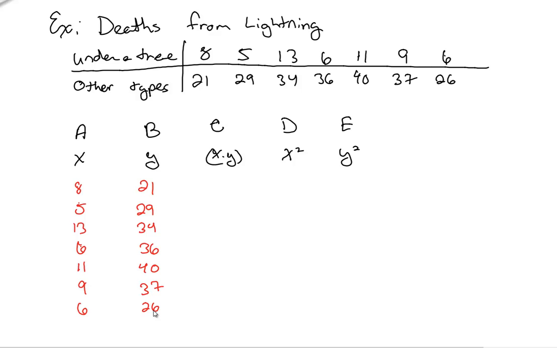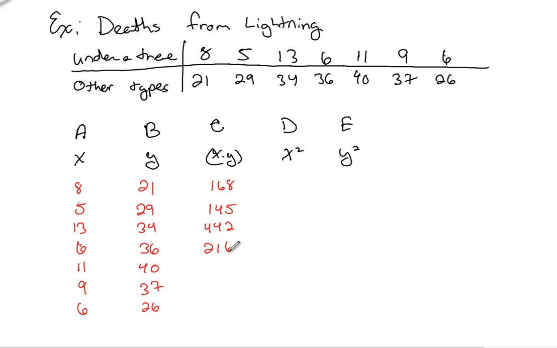Then in column C, what I'm going to do is I'm going to take 8 times 21 and get 168. Then I'm going to take 5 times 29 and I'll get 145. Then I'll take 13 times 34 and I'll get 442. I'll take 6 times 36, which is 216.